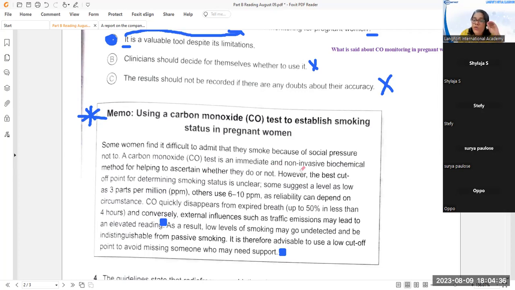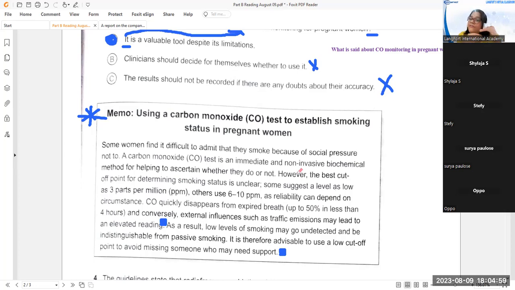So it's a test to confirm the smoking status because women are very hesitant to disclose it. Then they move on to say, however, what is the cutoff limit? What is the limit above which the carbon monoxide level is dangerous?